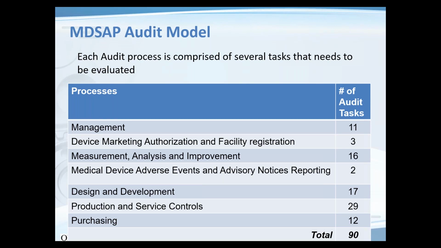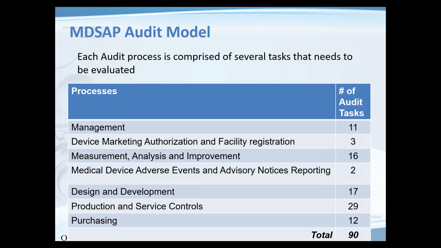There are 29 different tasks, depending on what the product is and what the product requirements are, such as if there are sterilization requirements and those kinds of things. There are 29 tasks altogether. They may not apply to every organization; depending on the type of products and the processes and activities required, they may differ.